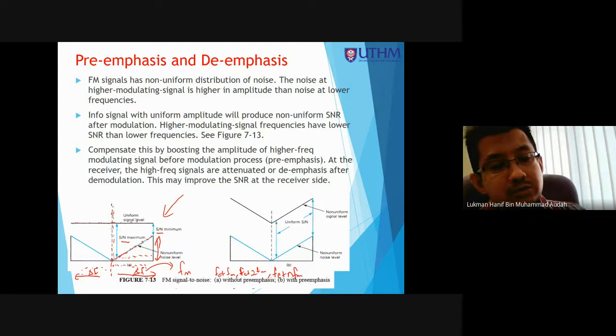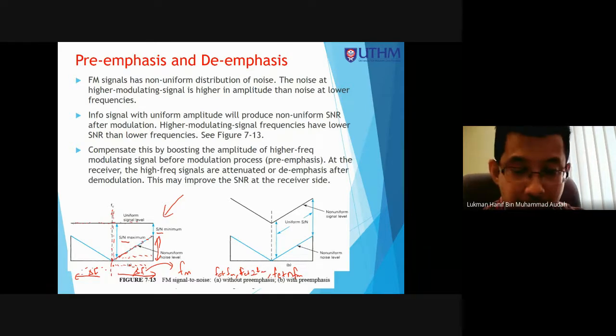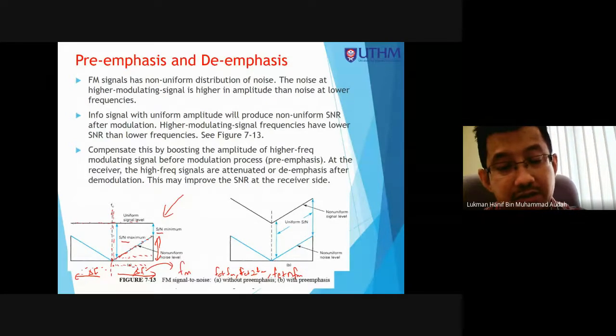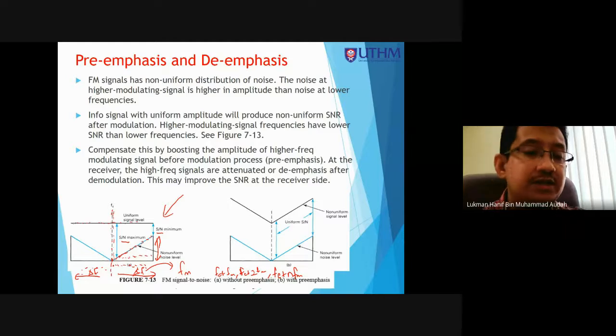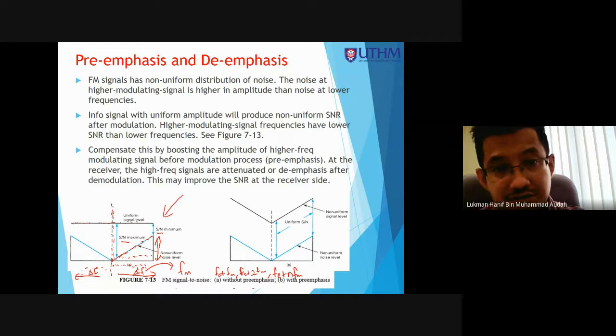So how to make the SNR better at higher value of Fm, the modulating signal frequency? Macam mana nak buat nilai SNR itu menjadi lebih baik? So caranya adalah dengan melakukan proses pre-emphasis and de-emphasis.